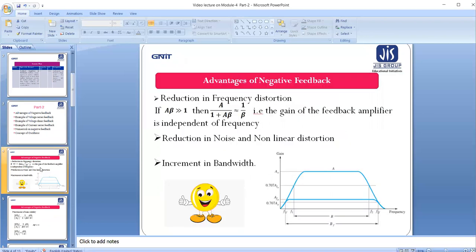Now, first of all, I will discuss the advantages of negative feedback. Although negative feedback causes the decrement of voltage or current gain, it has several advantages. The first advantage is reduction in frequency distortion. What is frequency distortion?